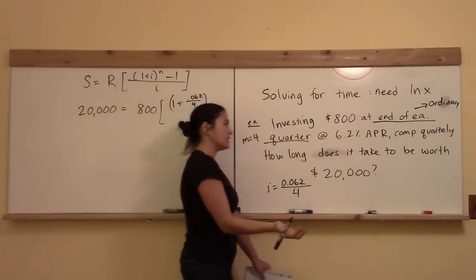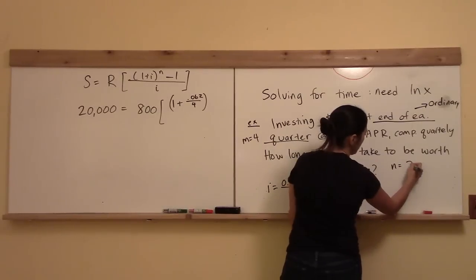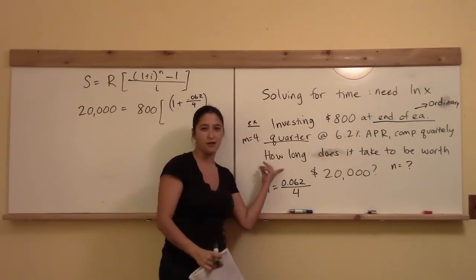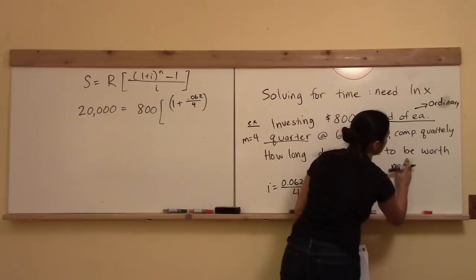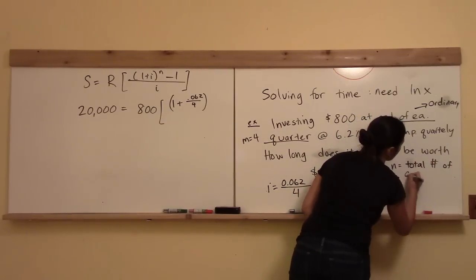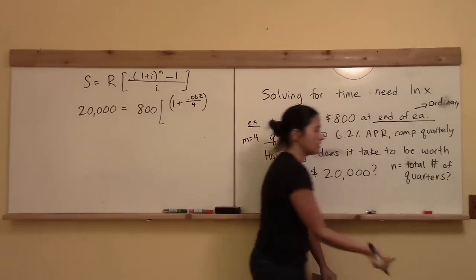What's the n? That's going to be, I don't know. That's a question, isn't it? Because it's a question of how long. Remember that the n involves the time. The n is actually the total number of quarters. So I didn't ask how many years or how many quarters or how many days or whatever.